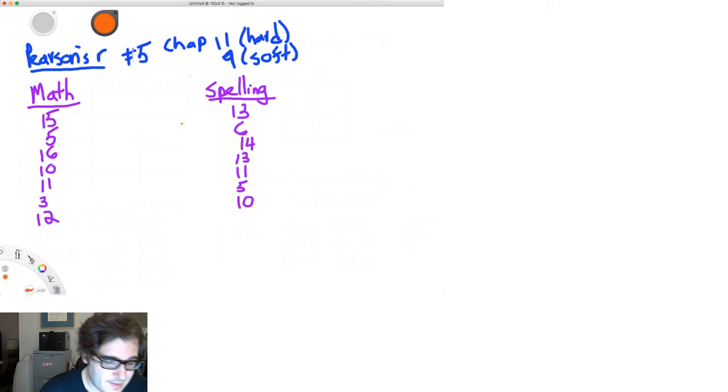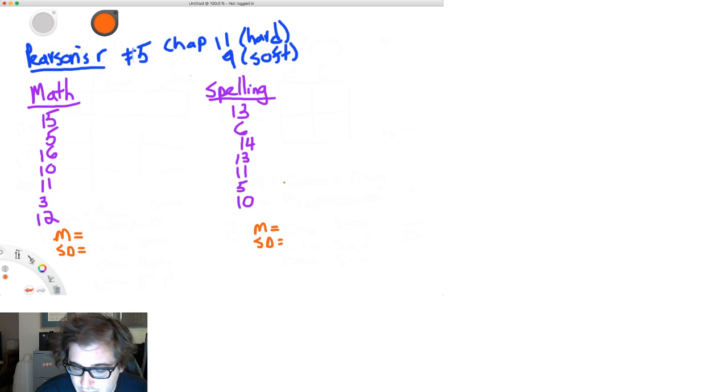So first here you need to calculate mu, or your mean, and your standard deviation for each one. This will be given to you. You don't have to calculate this for the test. And then you'll also be given the z-scores for each of them.